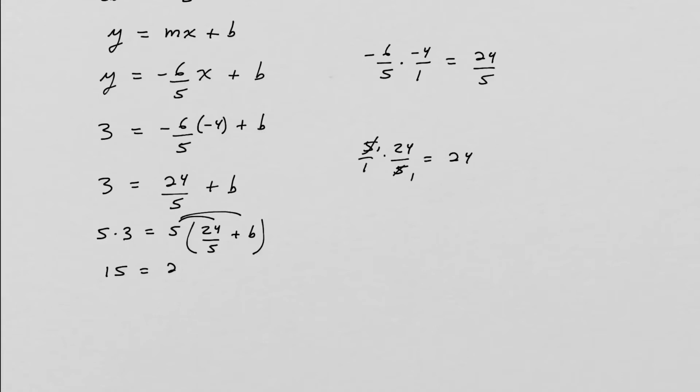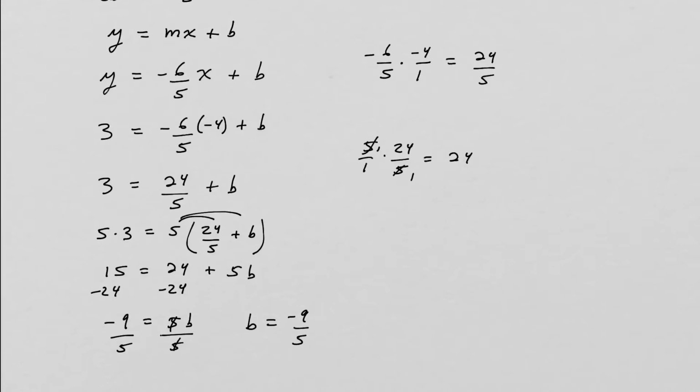So this is 24 plus, and then 5 times b is 5b. And now it's pretty straightforward to find b. I need to subtract 24 from both sides. So what's 15 minus 24? Well, that's -9, right? And that equals 5b. And then finally, I can divide both sides by 5. That'll cancel. So b is equal to -9 fifths.